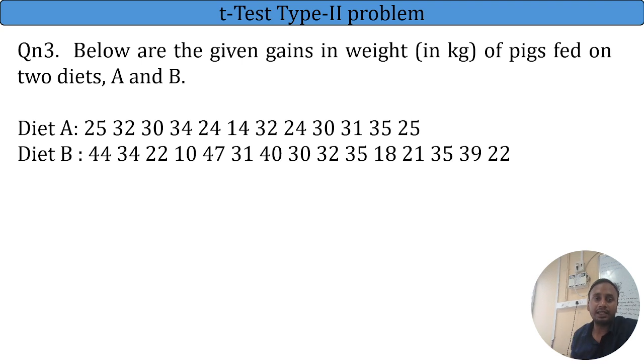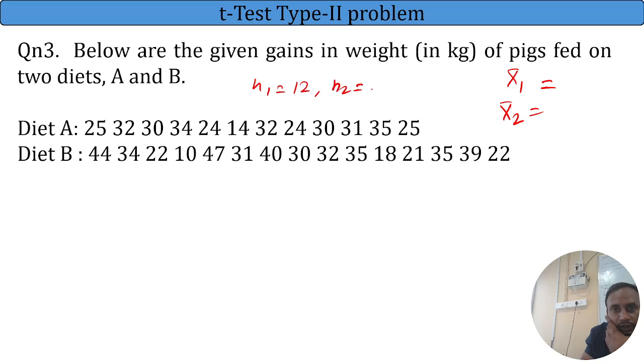So can you tell the x1 bar, then x2 bar? N1 will be 1, 2, 3, 4, 5, 6, 7, 8, 9, 10, 11, 12. N2 will be 15.